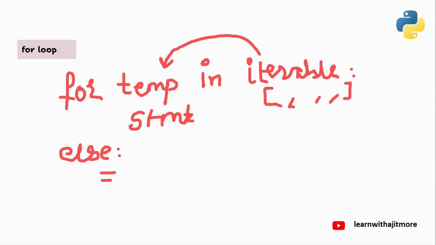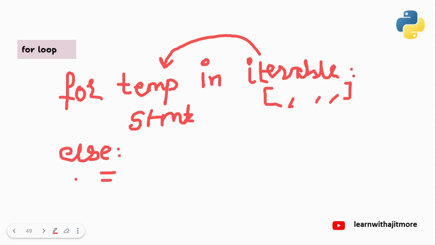If each and every value inside the iterable has been visited, okay, then it will come to else and run the else block. But if you have not completed visiting and in between you forcibly come out, it will not run the else block. Okay, so I hope it is clear.